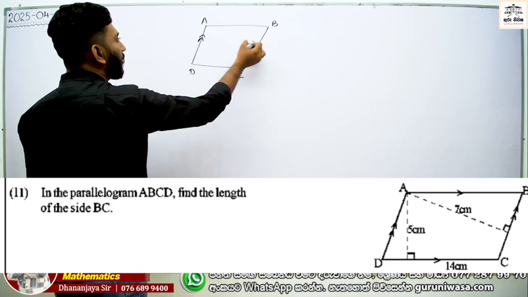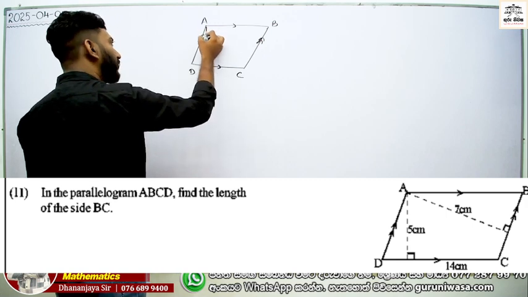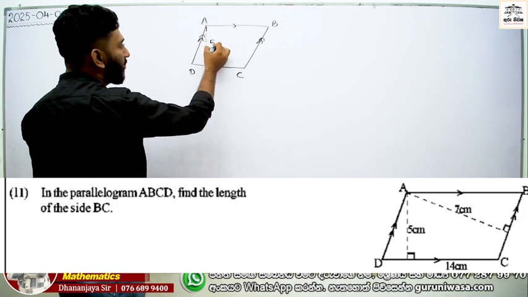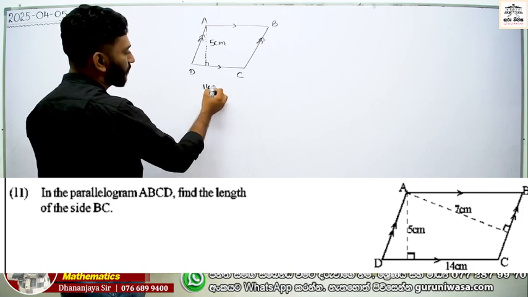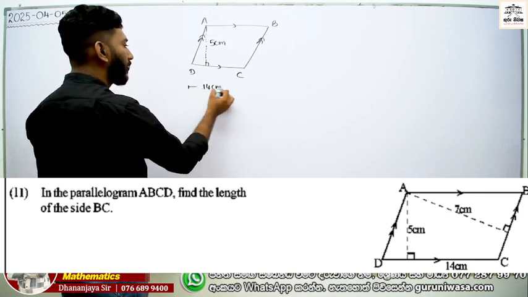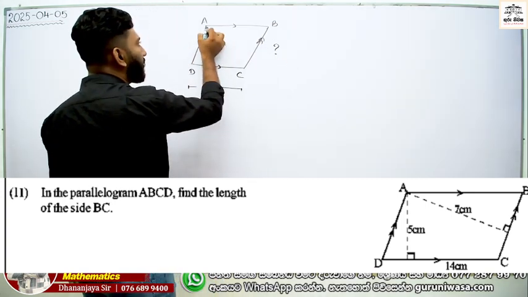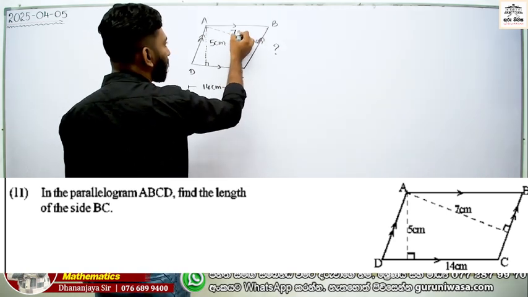This is a parallelogram, and this is the altitude. It becomes 5 cm, and the base becomes 14 cm. And BC we don't know, but the altitude becomes 7 cm.